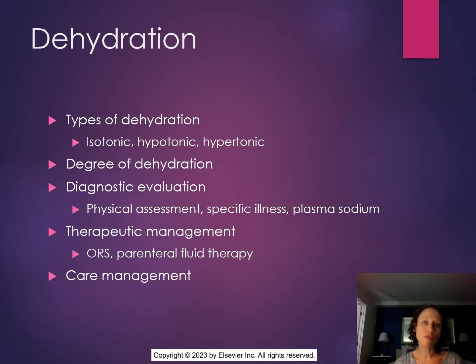So all of these can be different values depending on if we have diarrhea or something along those lines, and how that was managed. How we replace the fluid would be part of that.